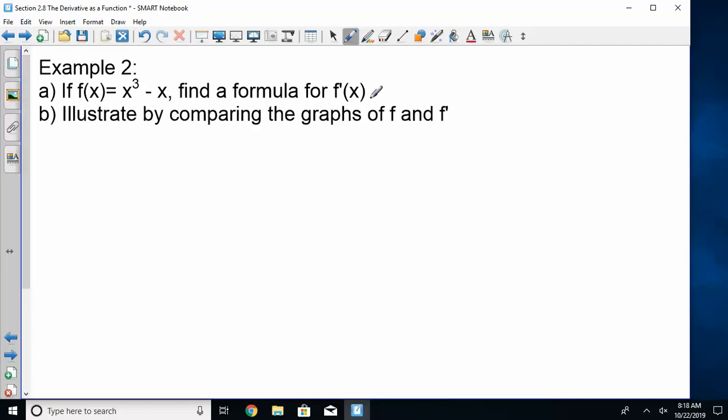So notice it's f prime of x, not a, so I have to keep it in terms of x, not a. So what we're going to do is the limit as h approaches 0 of f of x plus h minus f of x all over h.